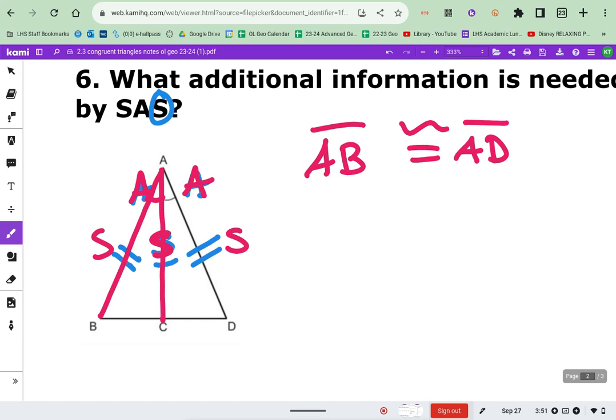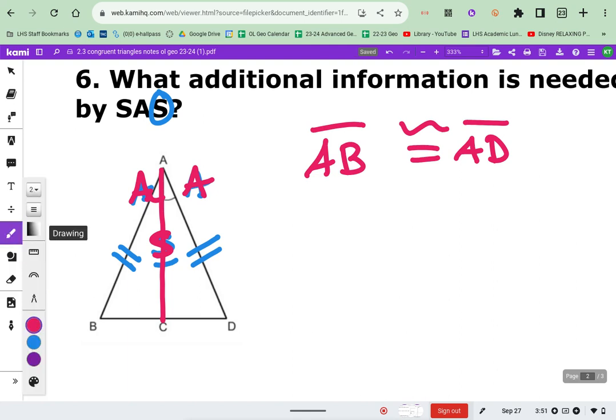How do you know where to go? Because you could do SSA. How do you know what order to put it in? Oh, like how to write the word. Good question. The A being between the S's represents that my angle right here at the top is in between my sides.